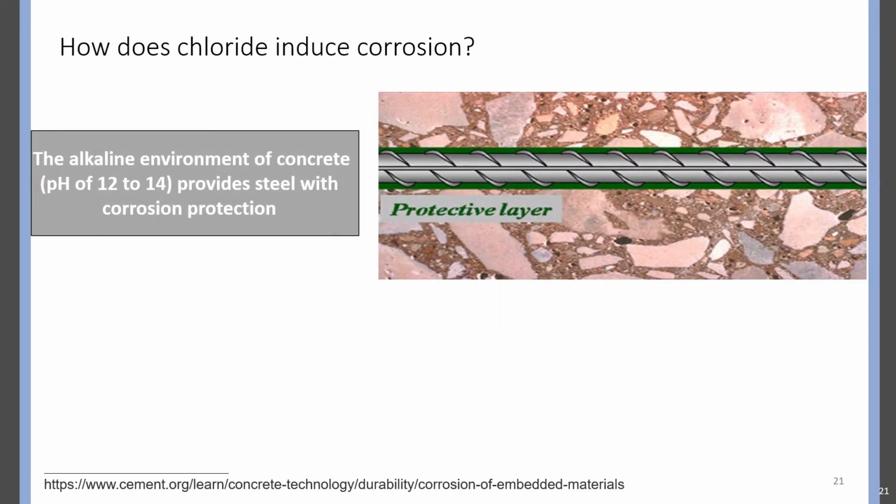The high pH environment of cement paste, usually above 12.5, provides steel reinforcements with a protective layer. This naturally formed thin layer protects steel from aggressions, which usually take form in destructive chemical reactions with harmful ions such as chloride.